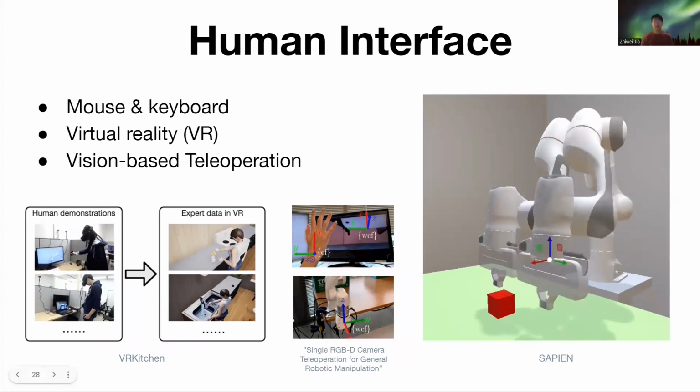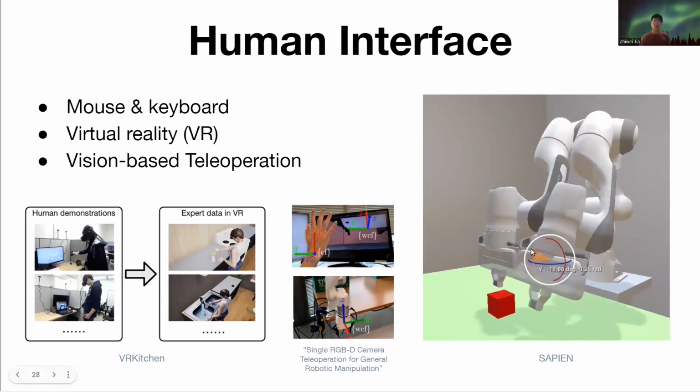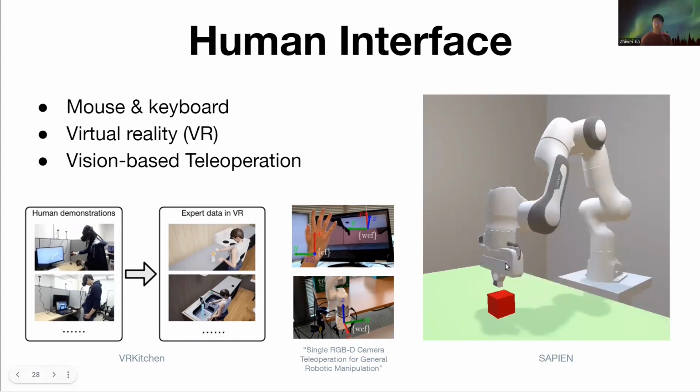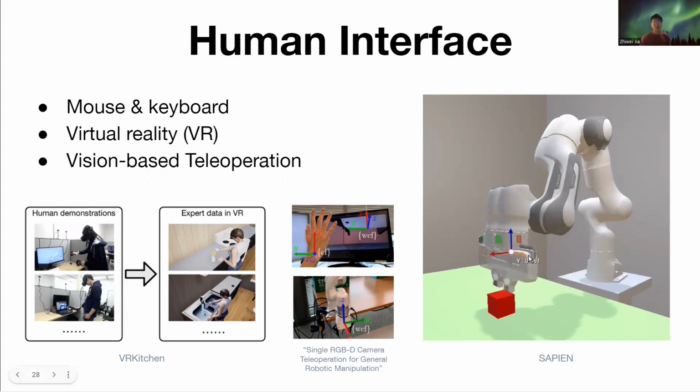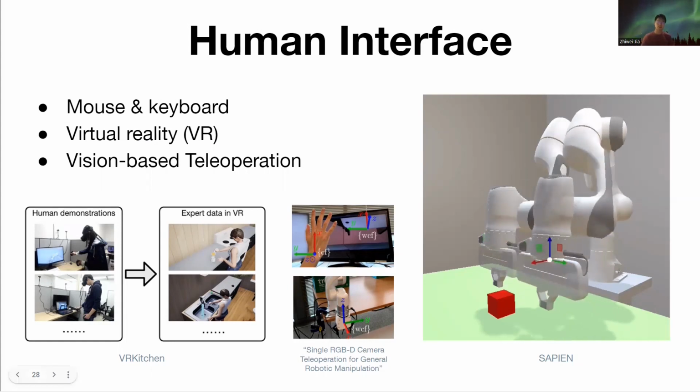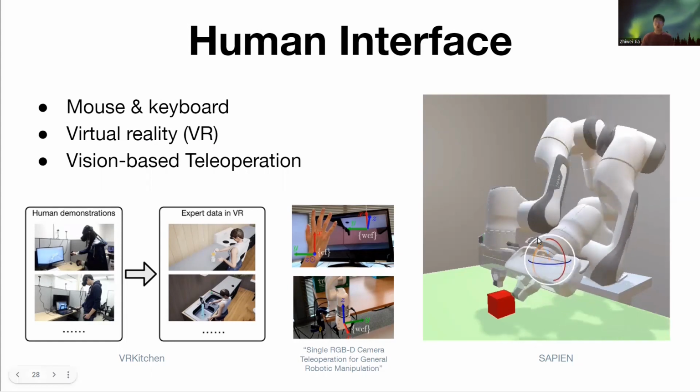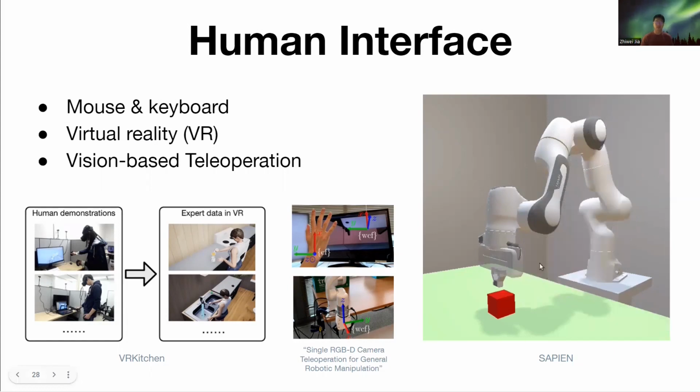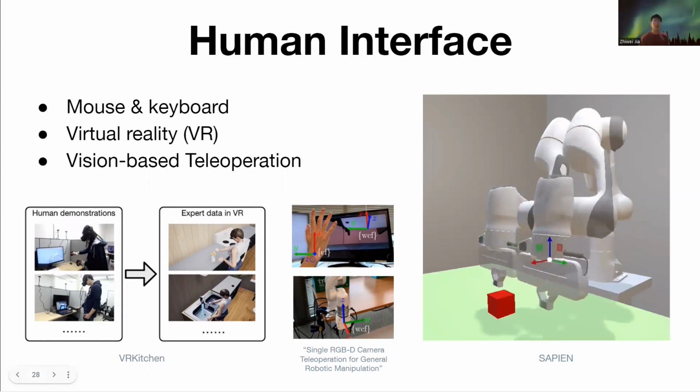Another two great interfaces are virtual reality or VR, as in the example of VR Kitchen, and vision-based teleoperation, as shown in the paper called Single RGBD Camera Teleoperation for generic robotic manipulation.